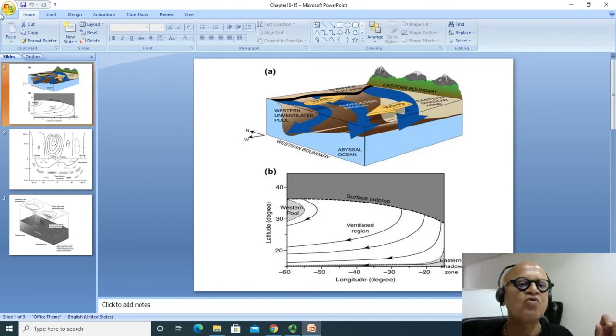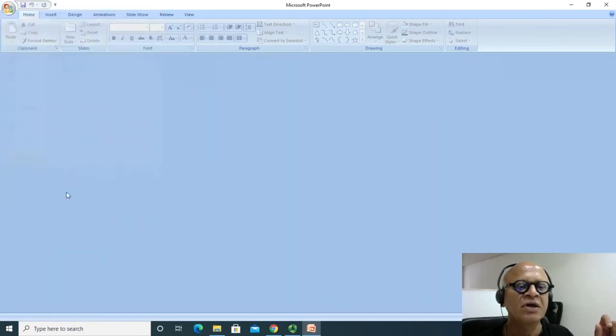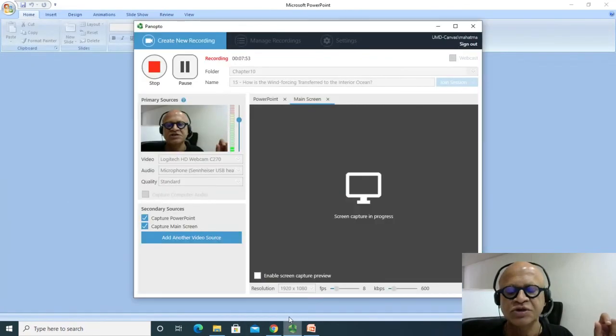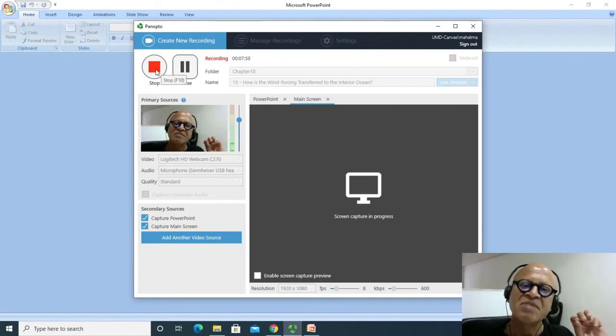So these are just to give you a sense of how different frameworks can be used to understand the ocean. Okay, you can get very mathematical and get into thermocline theories, vorticity, potential vorticity, subduction zones, shadow regions, homogeneous regions, and so on and so forth.